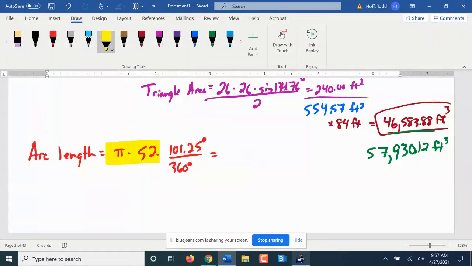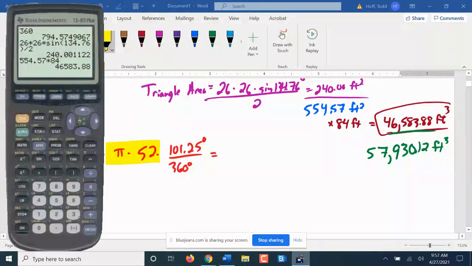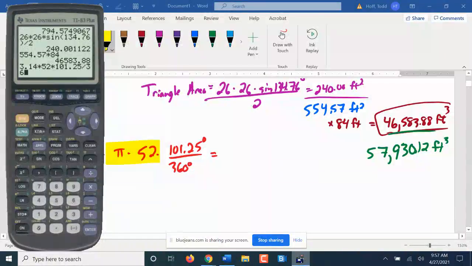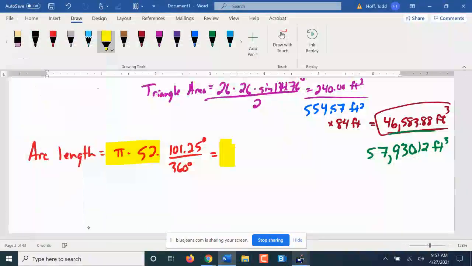So it's pi times 52, times that 101.25 divided by 360. That arc length is 45.92.